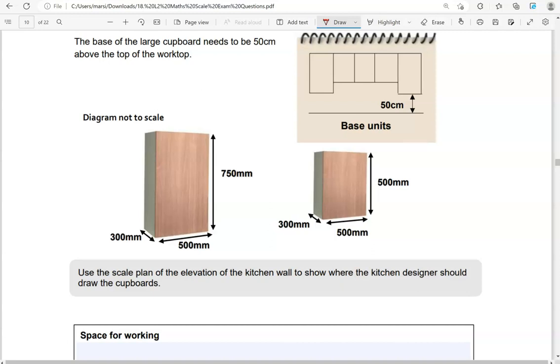That's why 750 divided by 10 will give us 75 centimeters. 500 divided by 10 gives us 50 centimeters. 300 divided by 10 gives us 30 centimeters. So again, 50 centimeters here, 50 centimeters, and 30 centimeters.